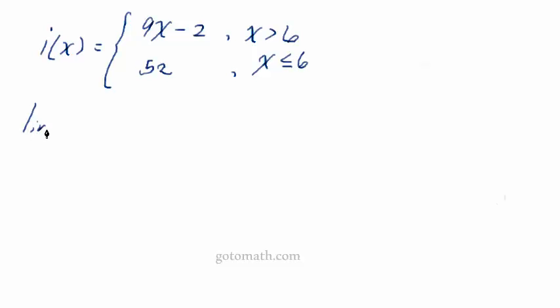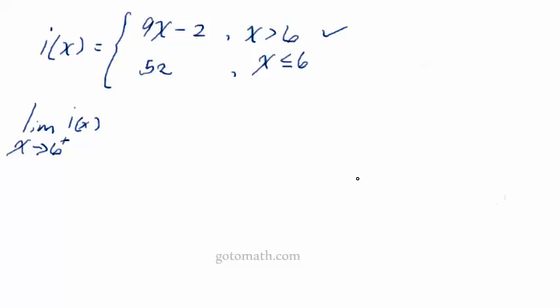And I want to find the limit as x approaches, I forgot, 6 from the right hand side of I of x. So if we're approaching 6 from the right hand side, we're going to want to use this one here because it says all x values greater than 6. All x values greater than 6.